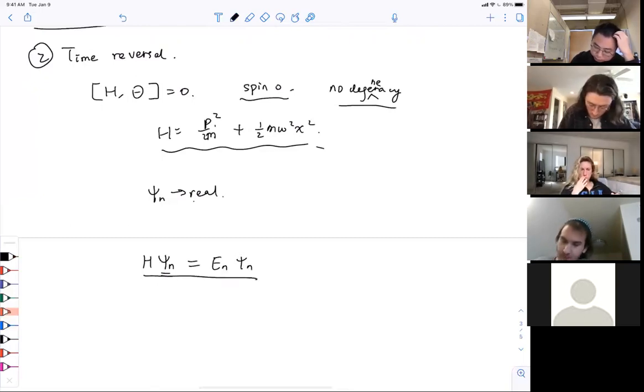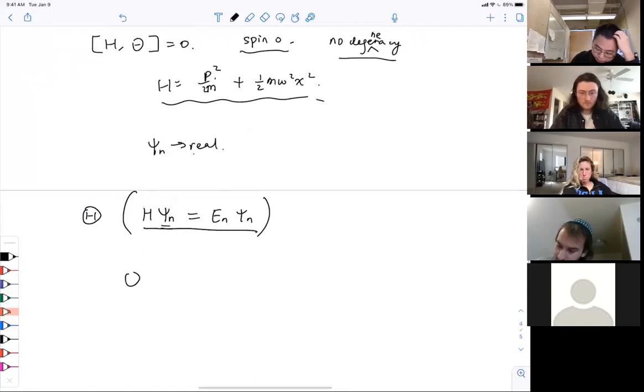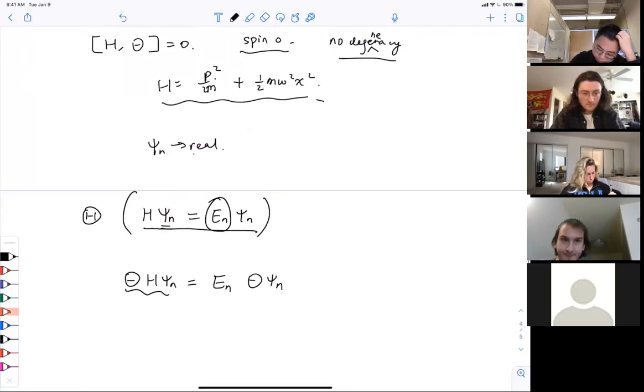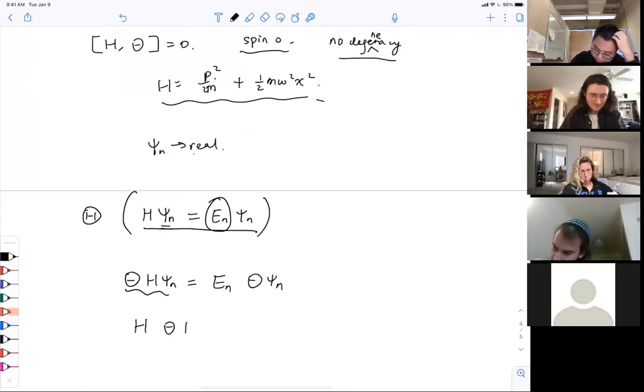Then this is what we know. Now we apply the time reversal operator on the whole equation. This is just a number, so it's like this. And because time reversal commutes with the Hamiltonian, we have this.